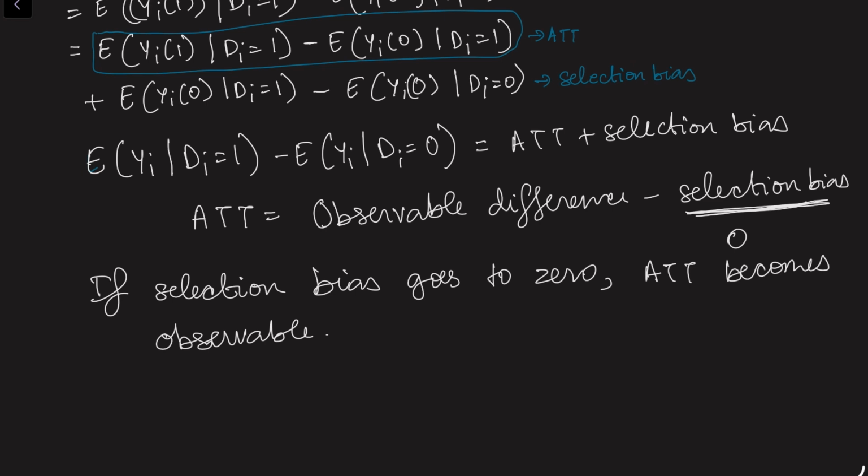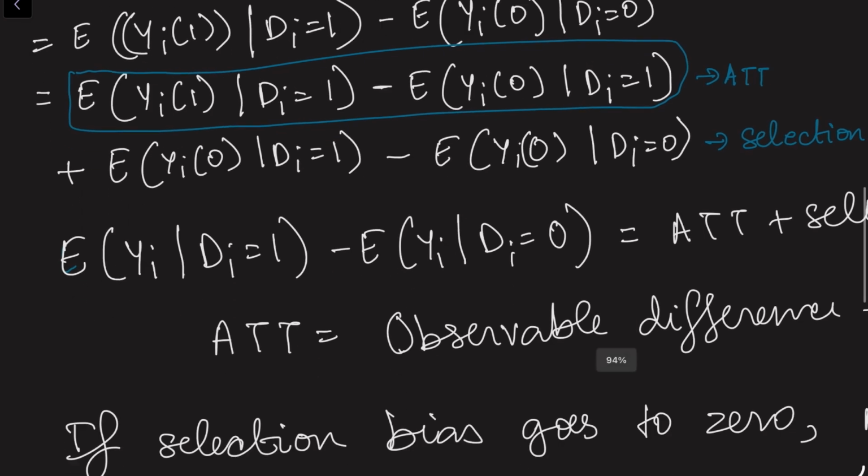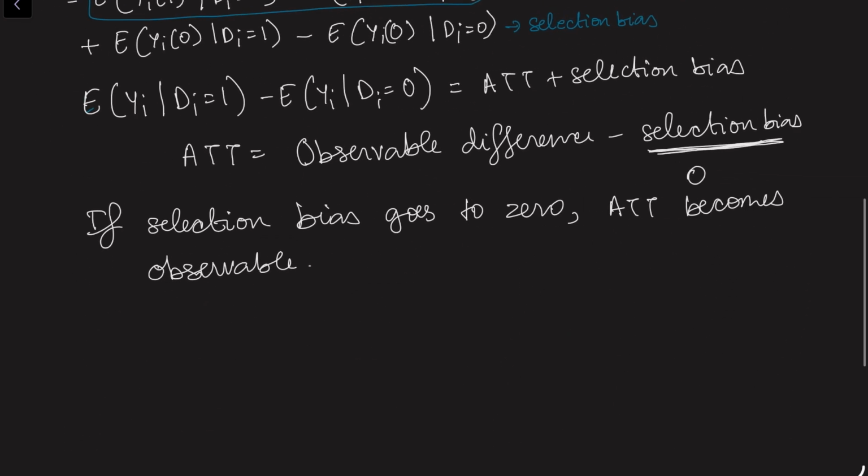Now, let's go into a bit of a conceptual review on what selection bias is. Try to read this equation out loud. It essentially is talking about the potential outcome of not being treated in the treatment group minus the potential outcome of not being treated in the untreated group. Now, when will the selection bias be equal to 0?